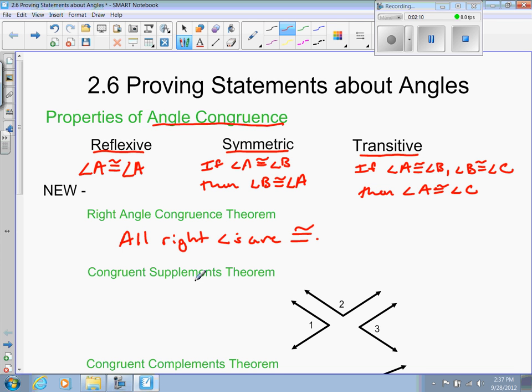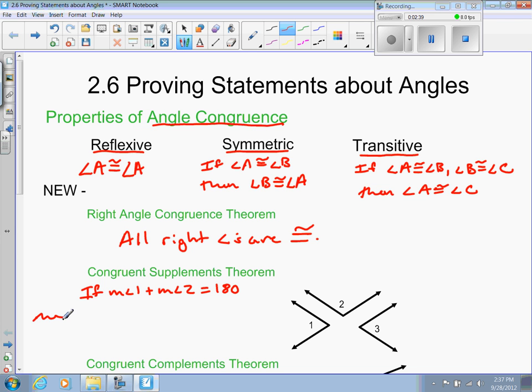Congruent supplements theorem. Okay, there's a congruent supplements theorem and a congruent complements theorem. The congruent supplements theorem basically says if the measure of angle 1 plus the measure of angle 2, we add those two angles together, and it's 180 degrees, therefore they're supplementary.